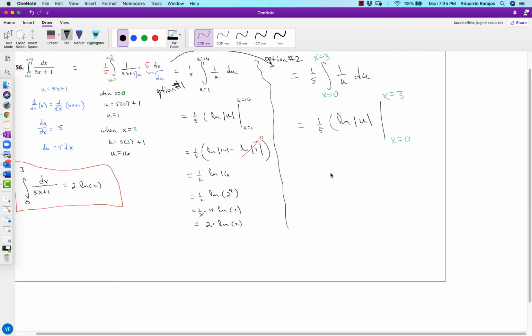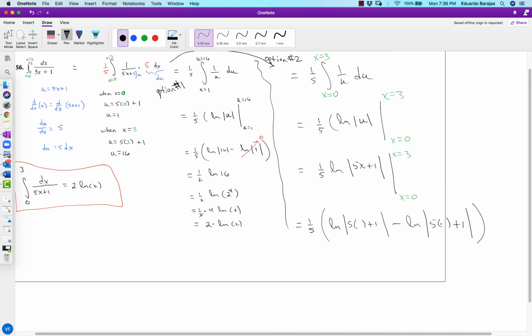So now we come back up here and this is equal to 1/5 ln of absolute value of, and then we replace that u with 5x plus 1, evaluated as x ranges from 0 to 3. And now we can plug in the x values of 3 and 0. This is going to be equal to 1/5 parentheses ln of absolute value of 5 blank plus 1 minus ln of absolute value of 5 blank plus 1.